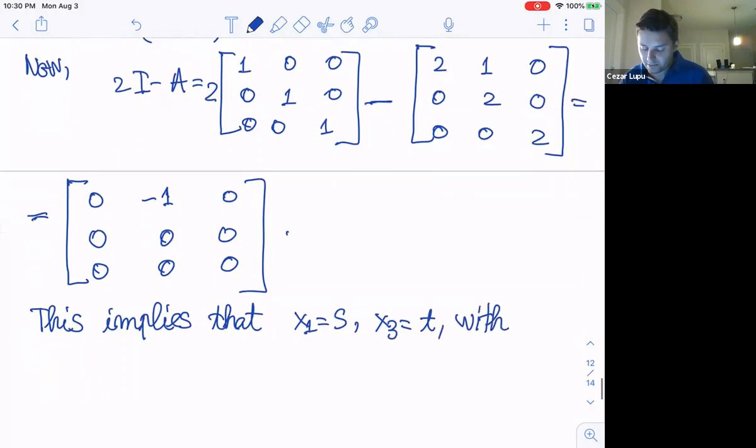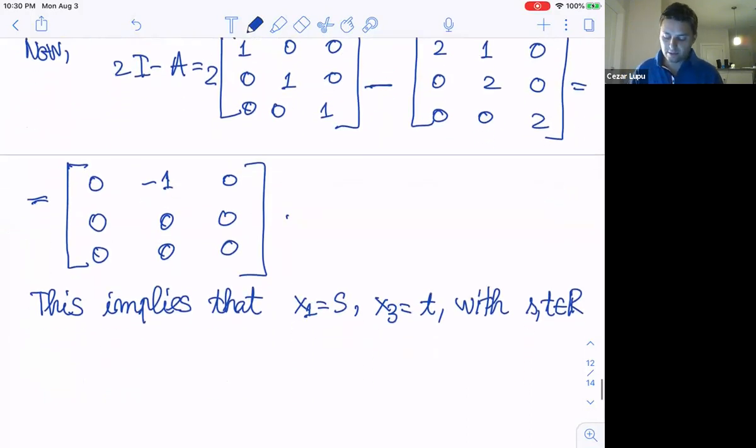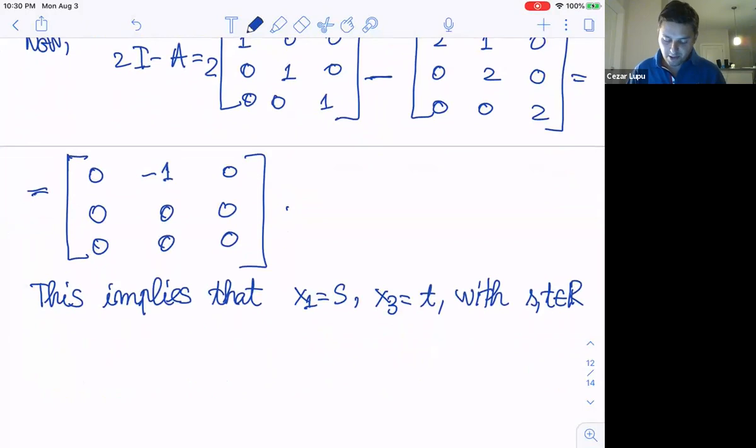So once we solve the system, it's quite clear what the solutions are. Just look at it. And x2 will be 0.